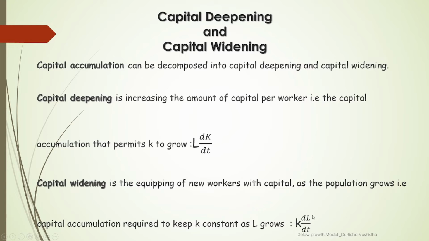So capital accumulation is required to keep k constant as L grows, meaning to keep the ratio of capital to labor constant as the labor force grows. Mathematically it is represented like this: K is the capital, L is the labor force, and t is the time.